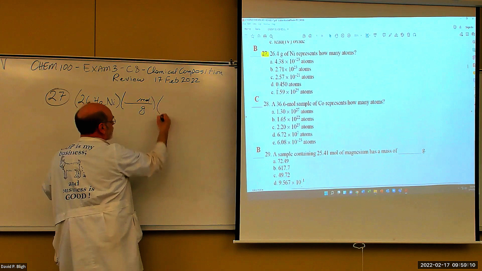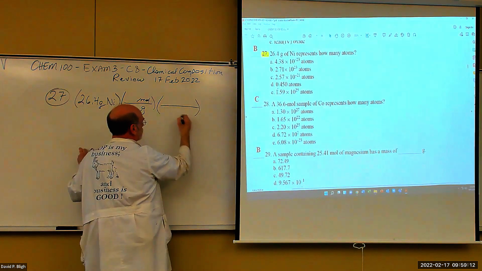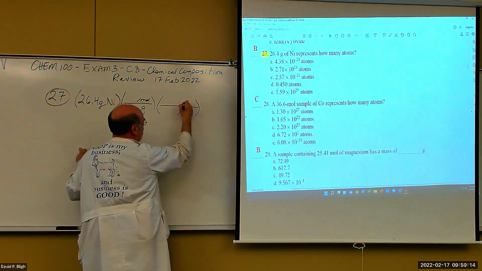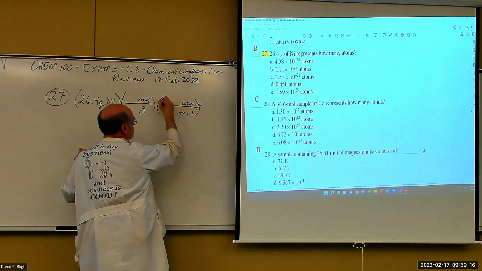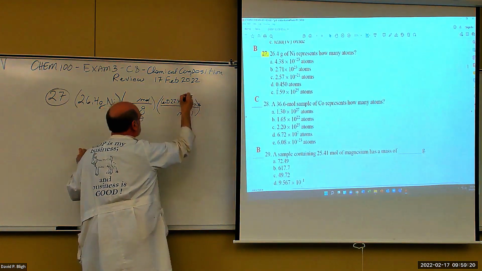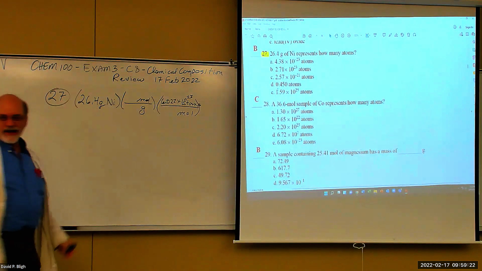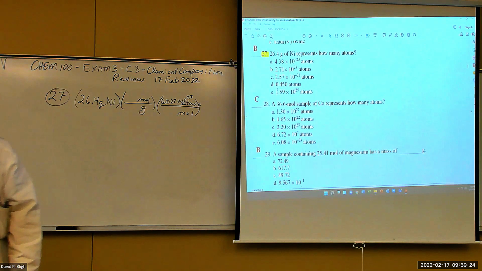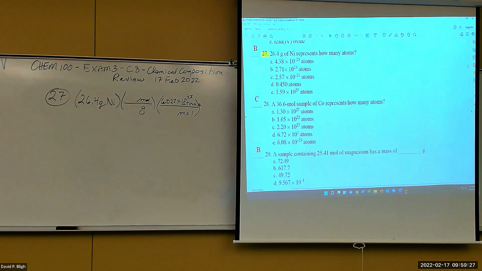Right? And then we can go from moles to atoms. You know this one. We just need, what's the molar mass of nickel? So we go back to our periodic table.